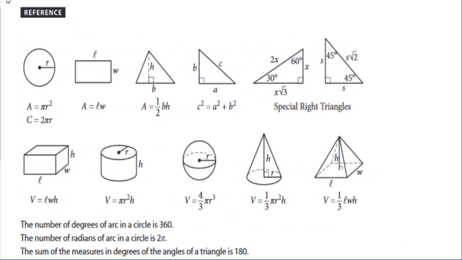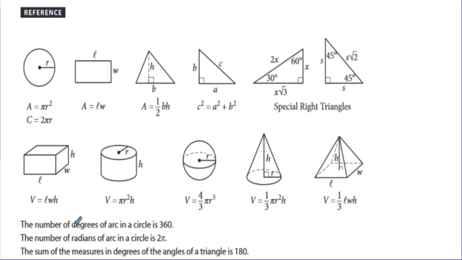Here is your reference sheet. These are entirely geometric formulas. You can see that we have circles, rectangles, triangles, both for area and for the Pythagorean theorem. We have 30-60-90 and 45-45-90 special right triangles, and these are all then volume formulas for prisms, cylinders, spheres, cones, and pyramids. So all volume.